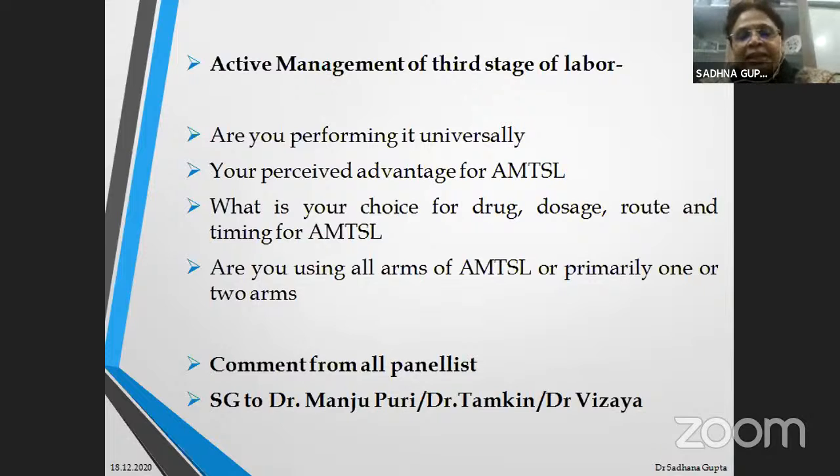So we really want to advise Dr. Manjupuri, Dr. Tamkeen, and Dr. Vijaya to give a clear message on what the current arms of active management of third stage of labor are, why it is very important, and how we can assure uniformity in this practice, because it is the most dangerous stage.